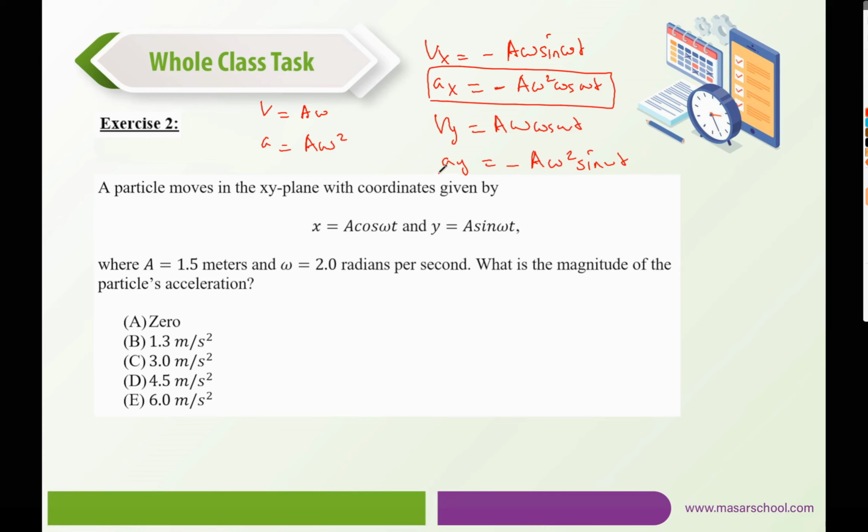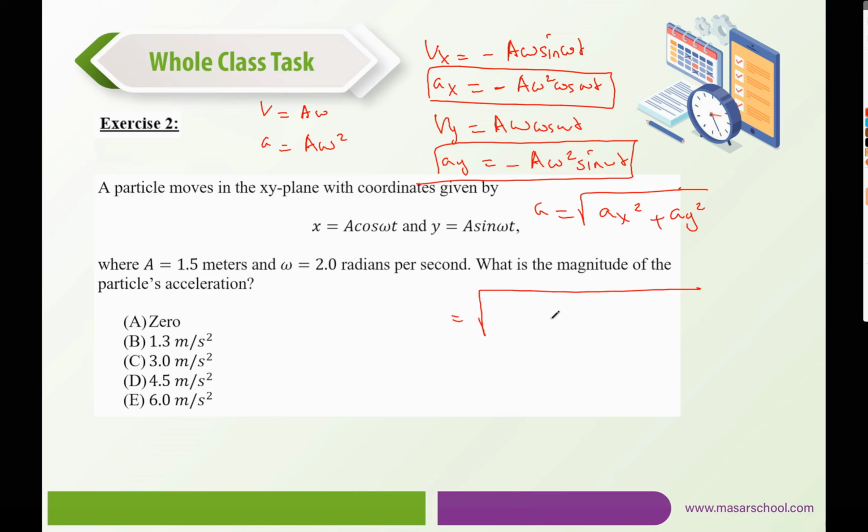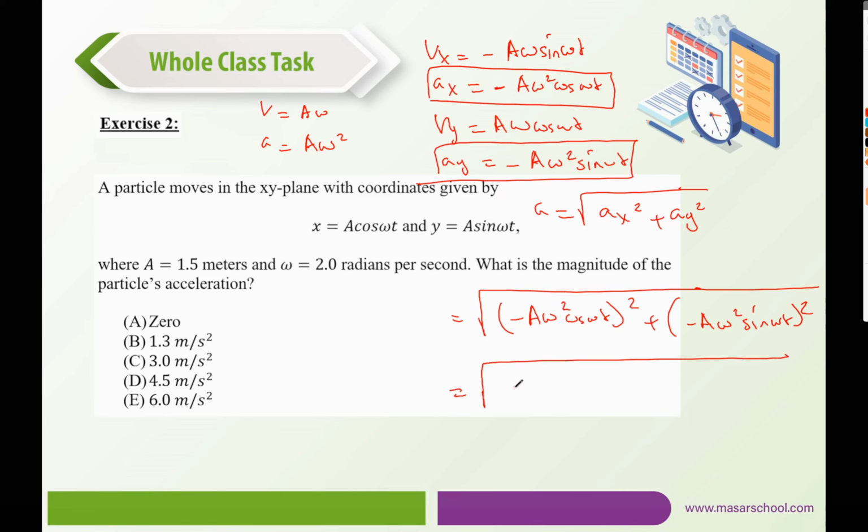And if we do the Pythagorean sum for the acceleration, because ax is perpendicular to ay, then a would be the radical of ax square plus ay square. If we do that, that would be the radical of minus A omega square cosine omega t, squared, plus minus A omega square sine omega t, squared.